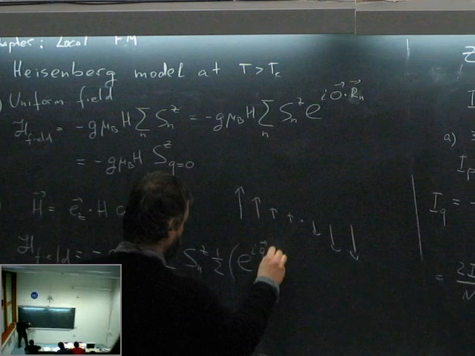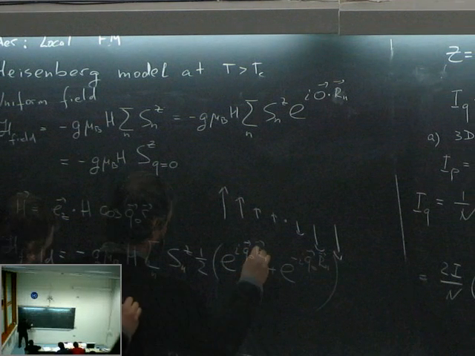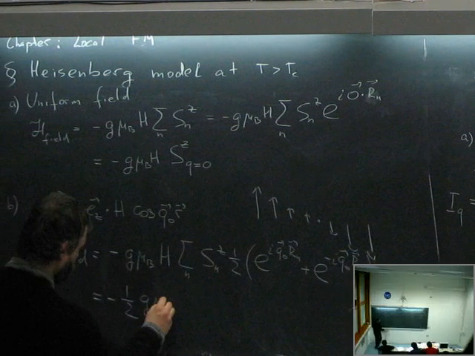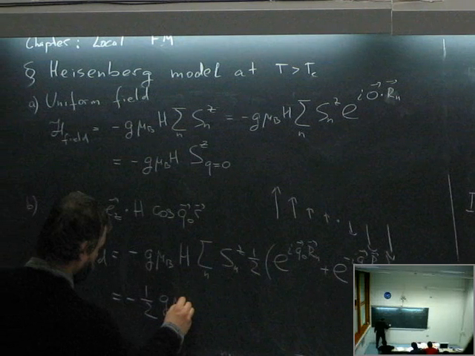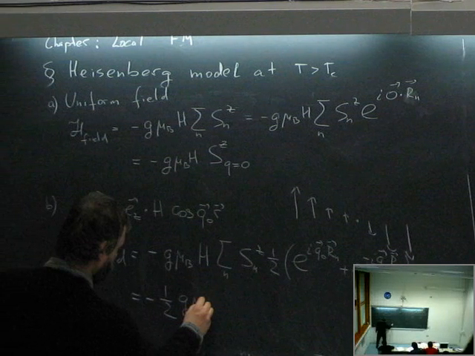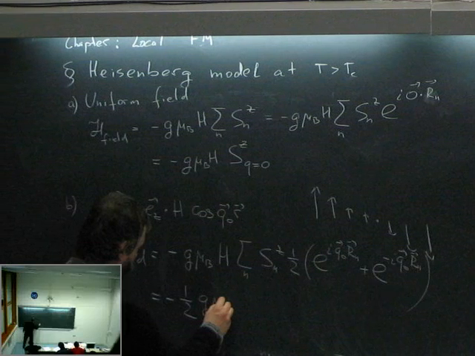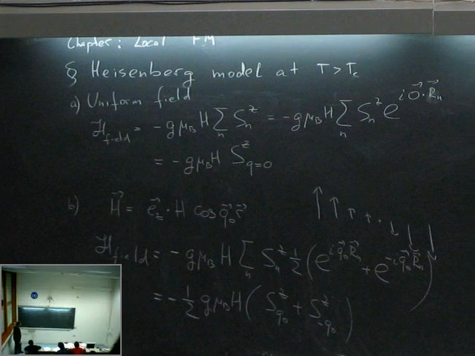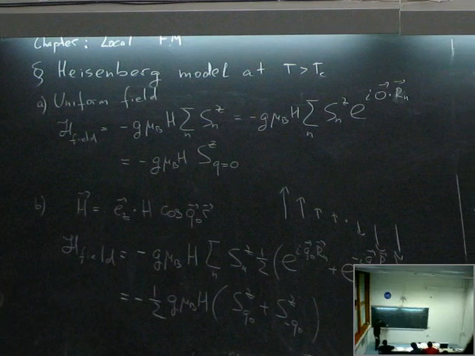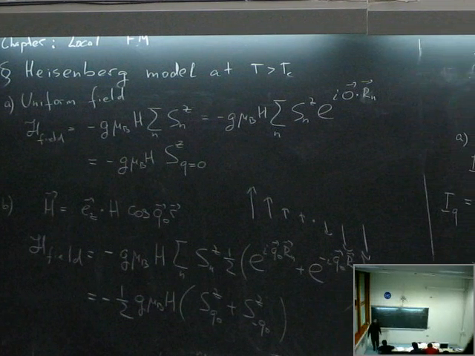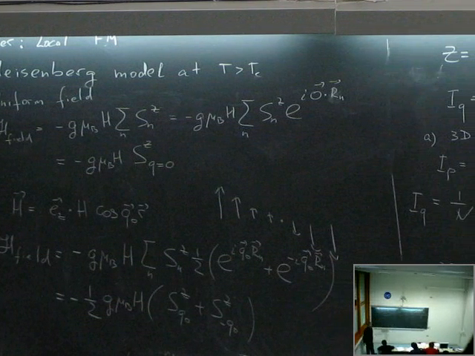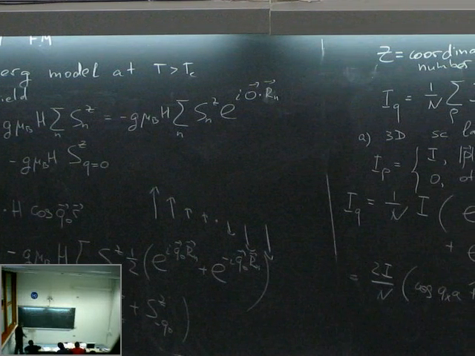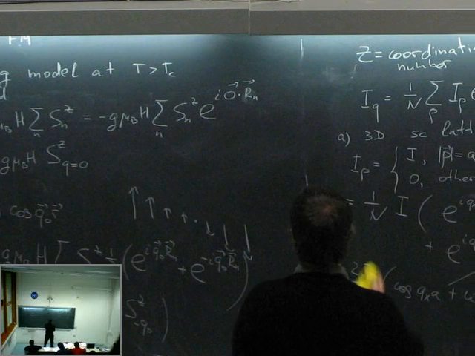So this is nothing but minus 1/2 g mu_B H, and what we have here is S^z(Q_0) plus S^z(minus Q_0). So our field actually selects two Fourier components, which then are talking to the field. Okay? Good.